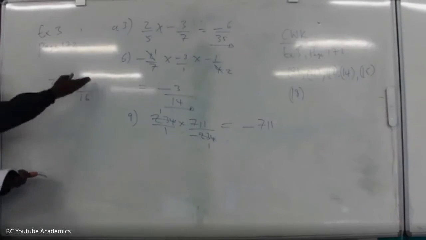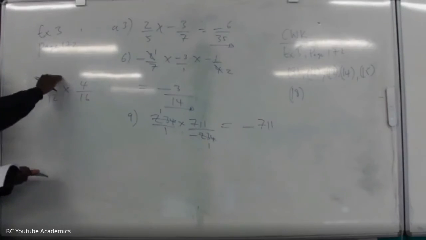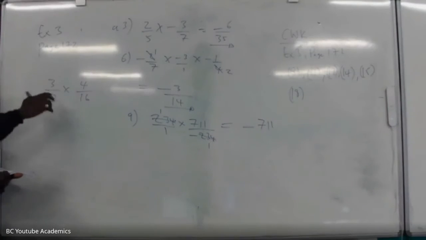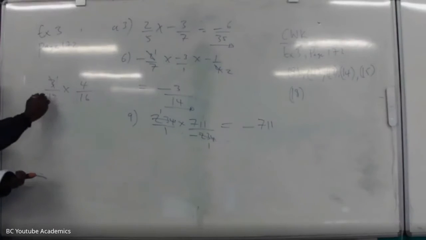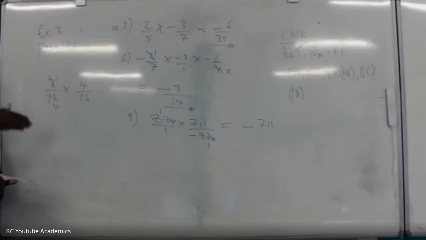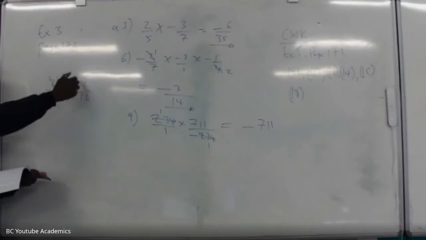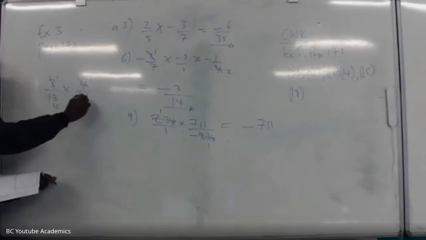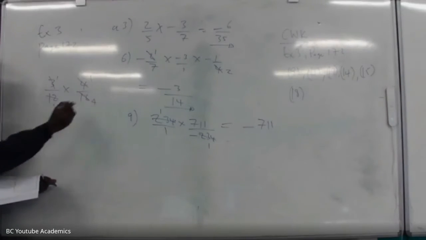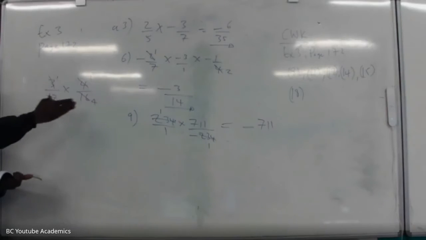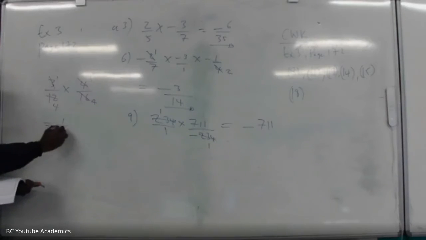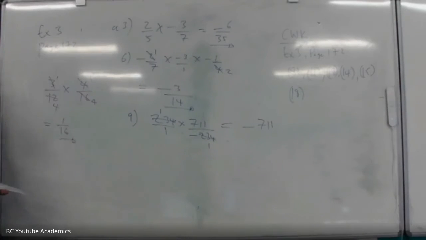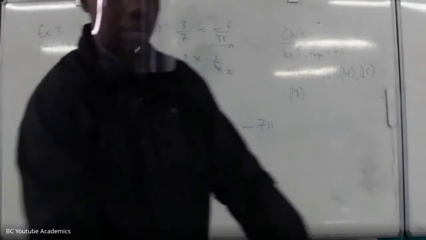So you're not always looking for a cross. It's also top and bottom. Like in this case, you can say 3 into 3, 1, 3 into 12, 4. Right? That's not cross cancelling. And then here you can say 4 into 4, 1, 4 into 16, 4. Right? And then you can go to multiply. So the answer here will be 1 over 16. That's why he says that. Okay.